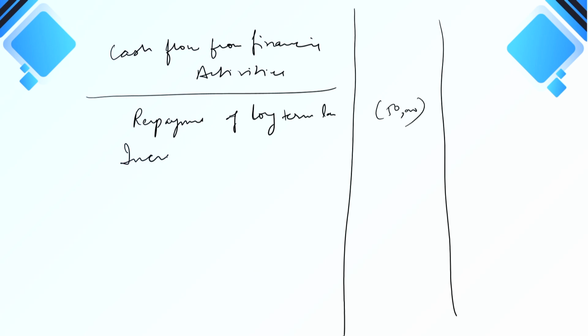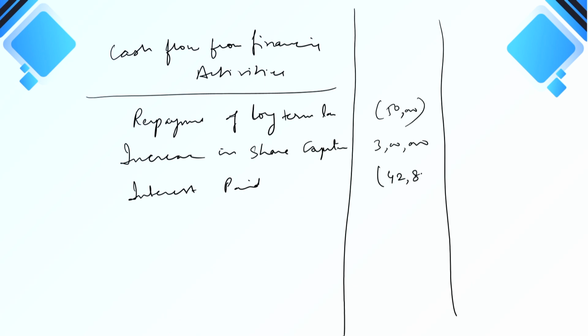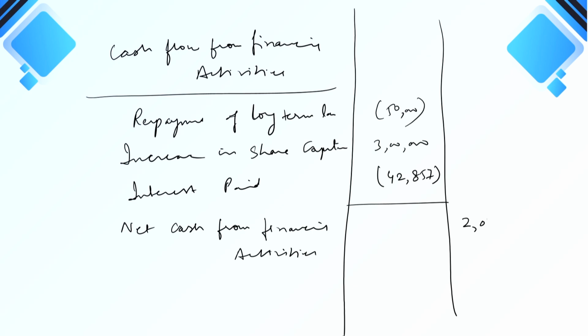Then we have an increase in share capital, rupees 3 lakhs. We also paid interest in this question, so that is going to be deducted, 42,857 rupees. So now we are in a position to compute net cash from financing activities, which would be 2,07,143.